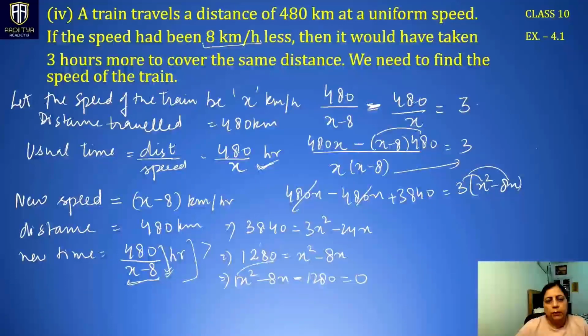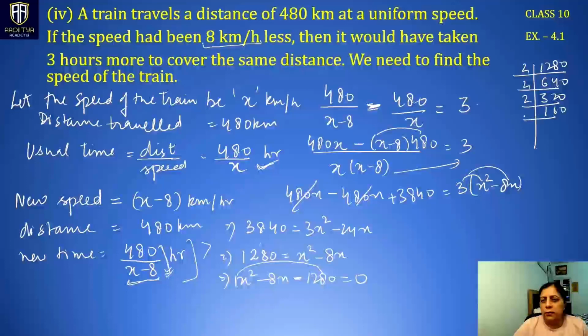So we first multiply the first and last term. The product is negative 1280. So now I am doing the prime factorization of 1280. 2 6s are 12, this is 640, and then we have 320, 160, 80, 40, and 20, 2 tens are 20, 2 5s are 10, and 5 1s are 5.